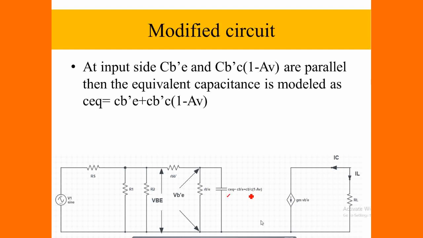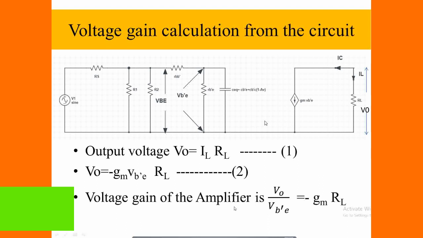Now come to the corresponding analysis. Initially, we are going to calculate the voltage gain of the amplifier with finite load. To calculate the voltage gain, we take the output voltage of the amplifier, V0. V0 is nothing but the current flowing through the load, IL, and the load resistance RL.